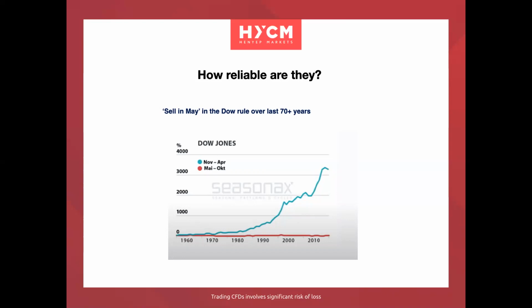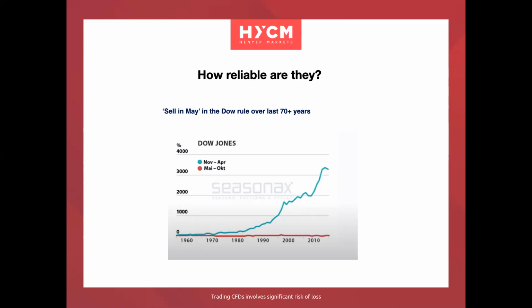Now, if you look here, you can see on the chart, the red line is the return in the Dow Jones between May and October over the last 50, 60 years. You can see that the return between May and October has been extremely flat. There's not been strong gains.